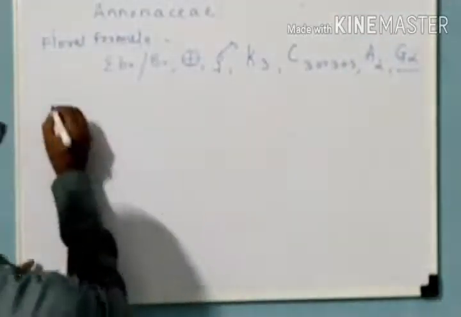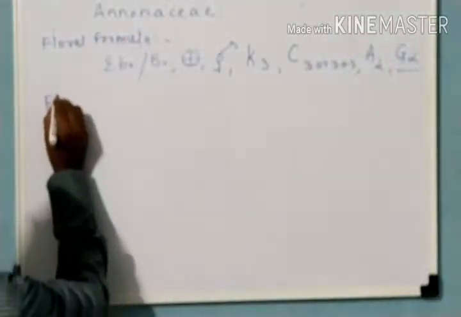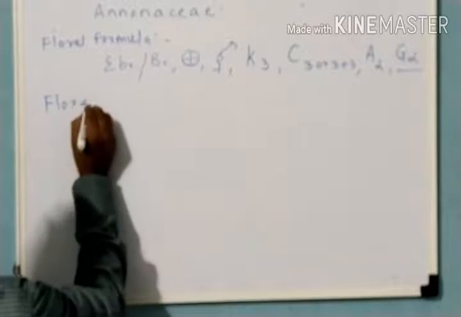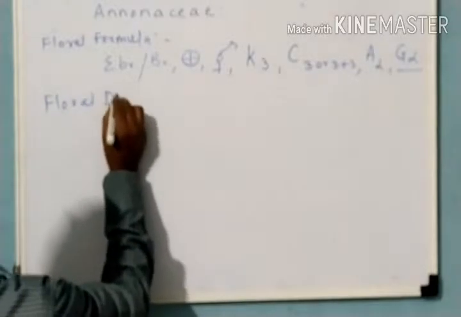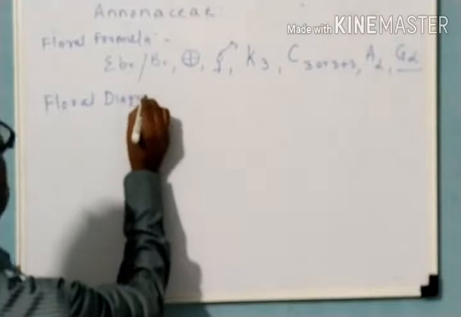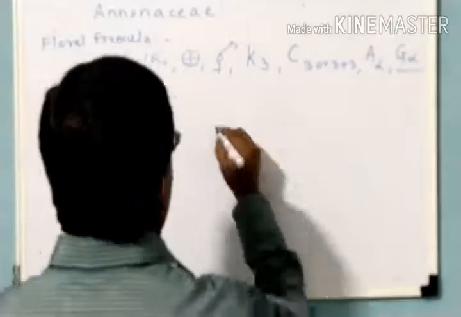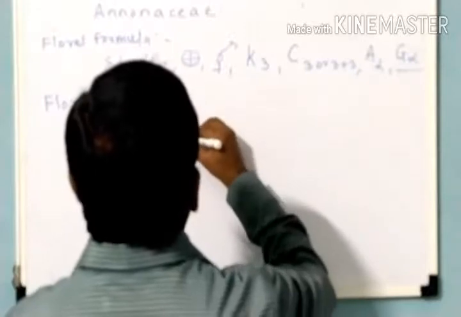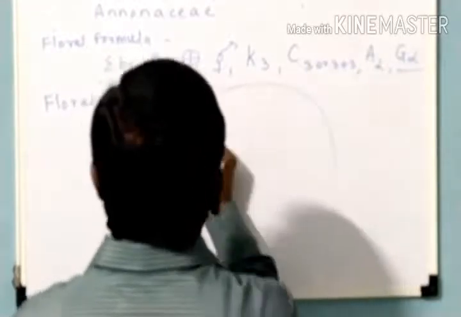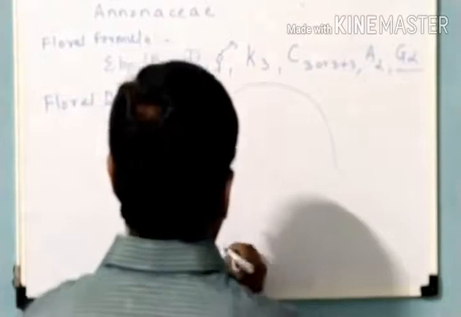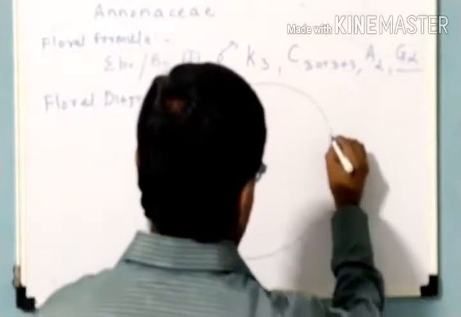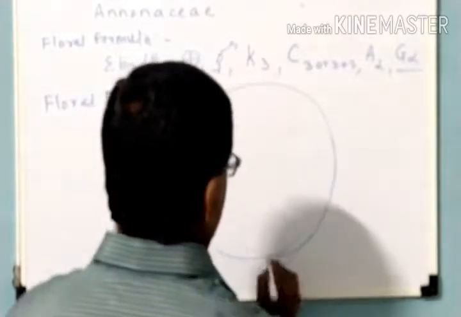Now we will draw the floral diagram. You can just see how the floral diagram looks for this particular family. This is the outermost whorl of sepals.